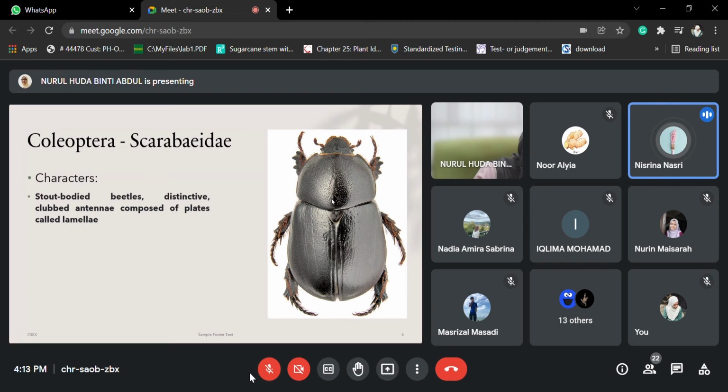It has setae, what are those? Hair. Where? On its legs. Yes, you can say that. But sometimes we distinguish between setae and bristles.